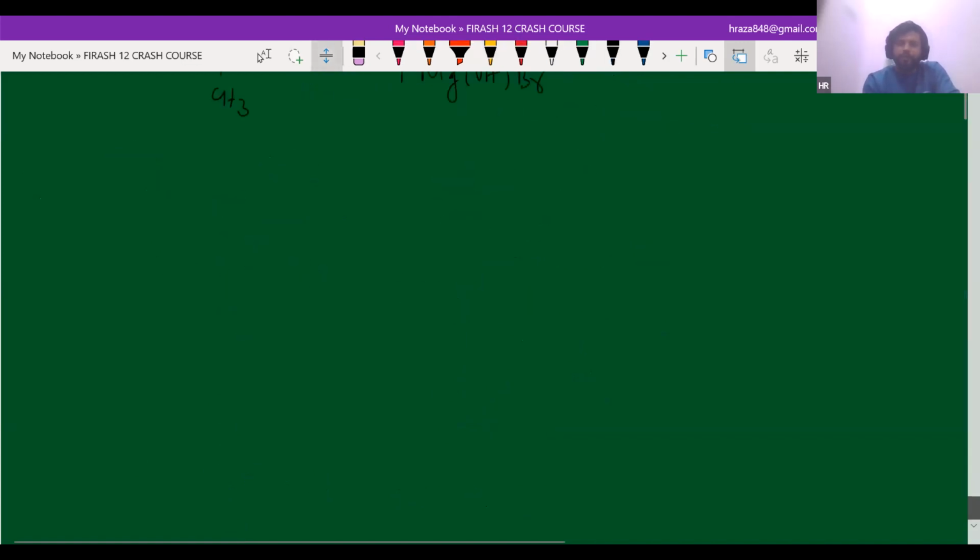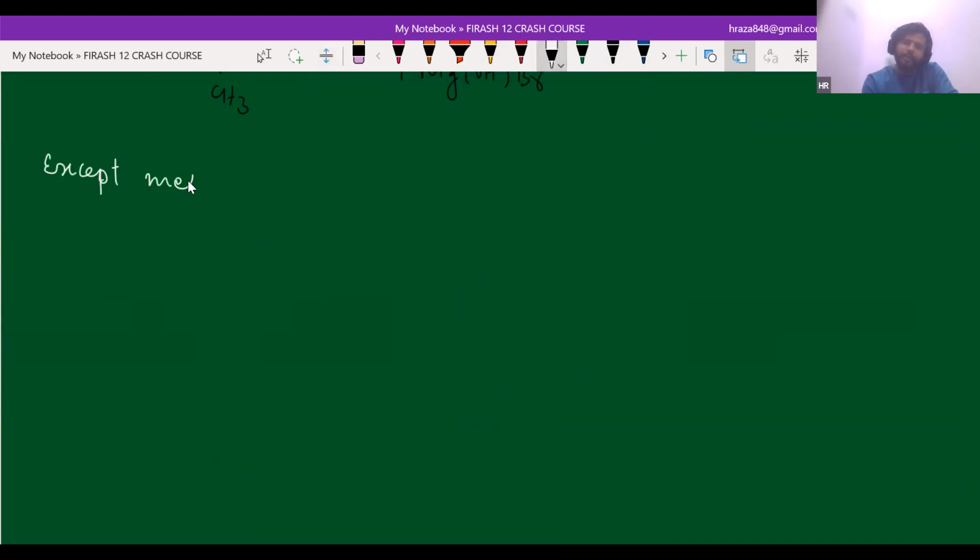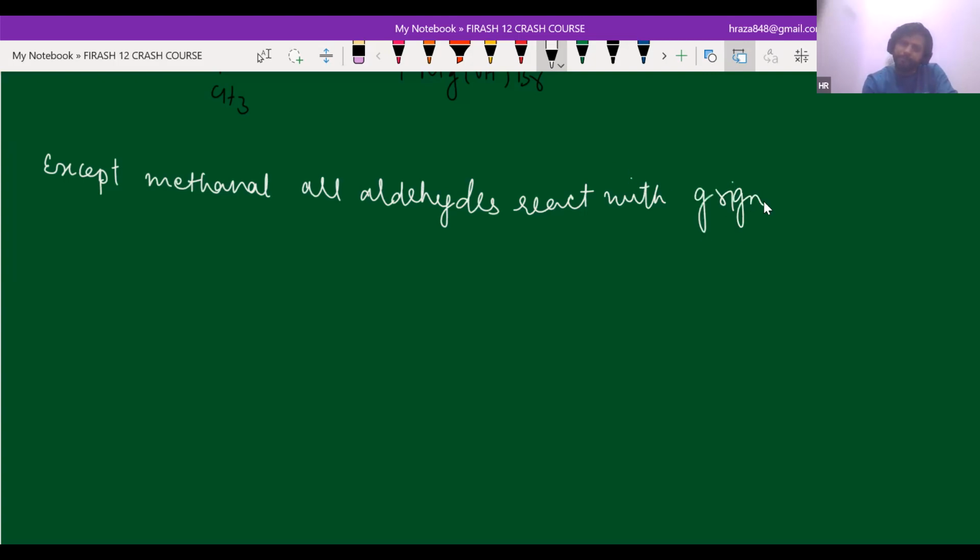So have you seen that except methanal, all aldehydes react with Grignard reagent to give secondary alcohol.